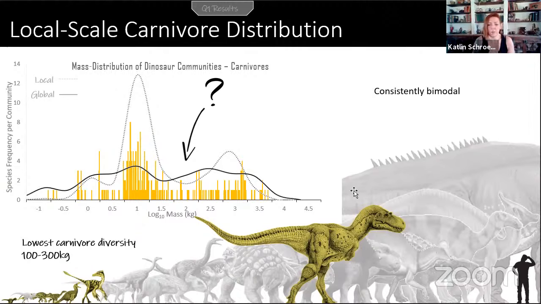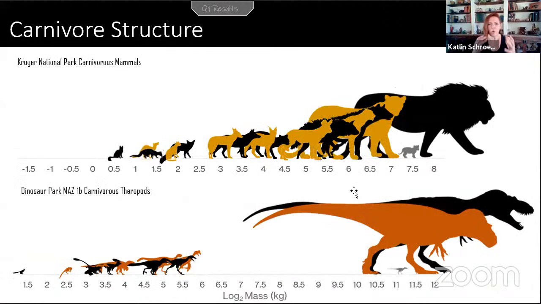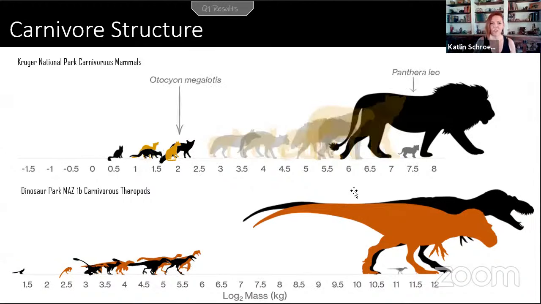In fact, we find this gap in approximately 86% of our communities. And just to give you some context, this isn't a small gap, 100 to 1,000 kilograms. If we were to take what carnivorous dinosaur mass distributions look like and apply it to a modern mammalian carnivore assemblage of a similar size, something like Kruger, we would actually lose all of the carnivorous mammals between the size of a bat-eared fox and a male African lion.